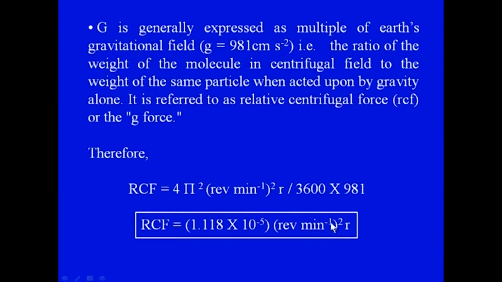In simplified terms it comes out to be 1.118 into 10 raised to power minus 5 times revolutions per minute square into the radial distance. This is how you can calculate relative centrifugal force in terms of the gravitational force, and it is the most widely used term here. So, either revolutions per minute or the relative centrifugal force could be utilized.